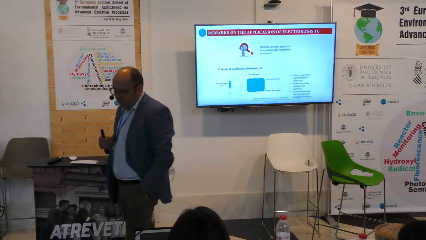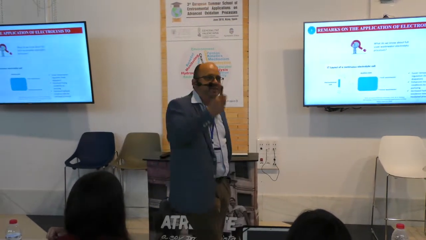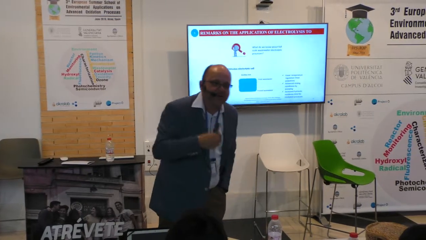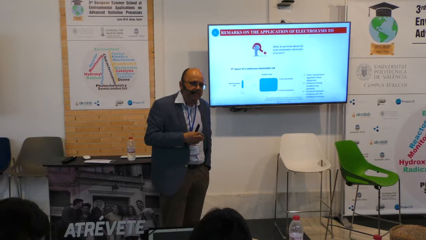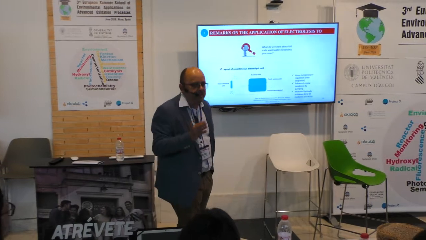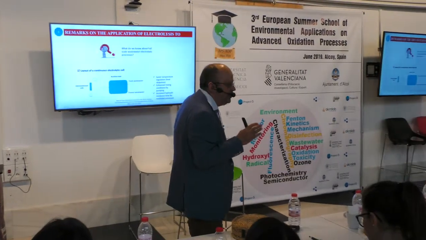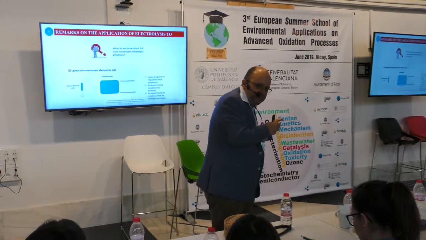Rapidly, because I think I'm lacking time. What about the scale-up? Cesar, in the previous lecture, asked about it. Can we scale up the system? Yes. There is no problem, okay? But we have to see if we need to scale it because in our case, this technology is competitive.